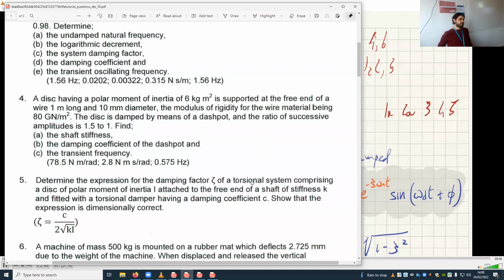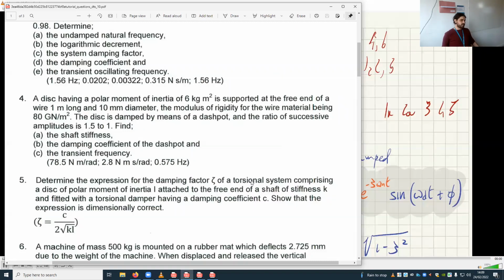We also know that G, the modulus of rigidity for the wire material, is 80 gigapascals. The disk is damped by means of a dashpot, and the ratio of successive amplitudes is 1.5 to 1. We want to find the shaft stiffness, damping coefficient of the dashpot, and the transient frequency.